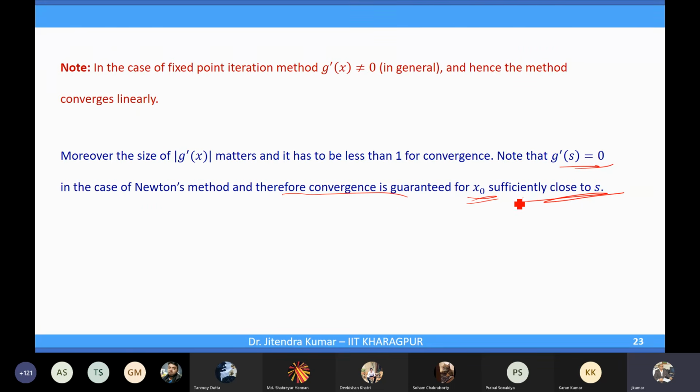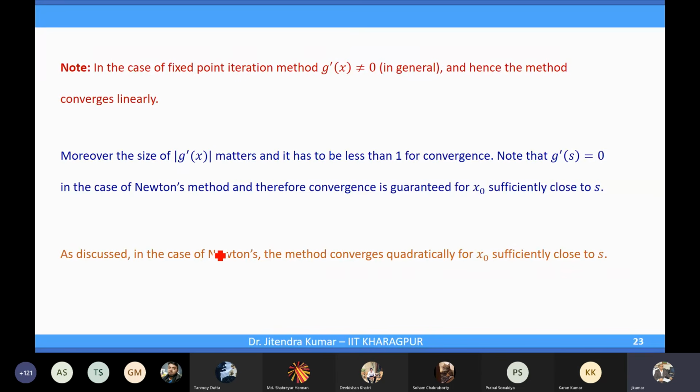If your x0 is sufficiently close to s, then the convergence is guaranteed because you will be in the interval where g prime of s is less than 1. As discussed in the case of Newton's method, it converges quadratically for x0 sufficiently close to s.